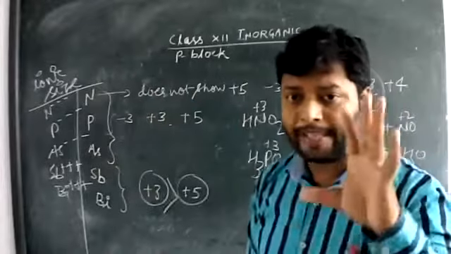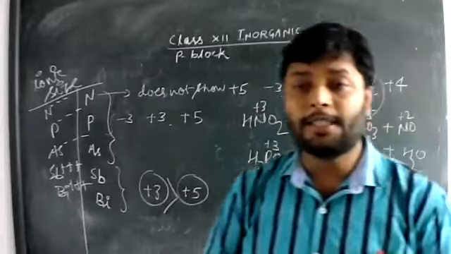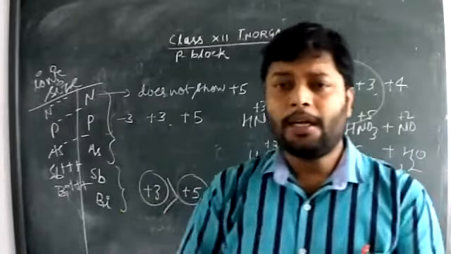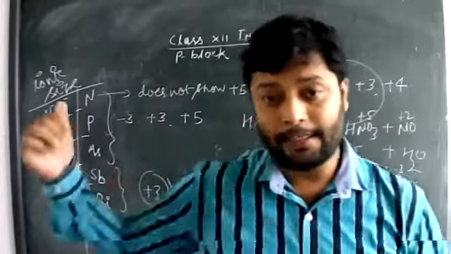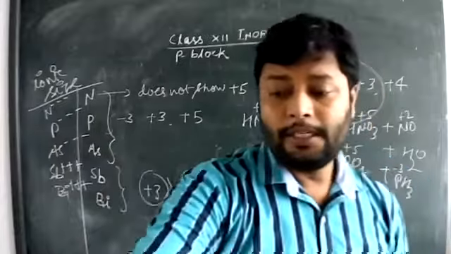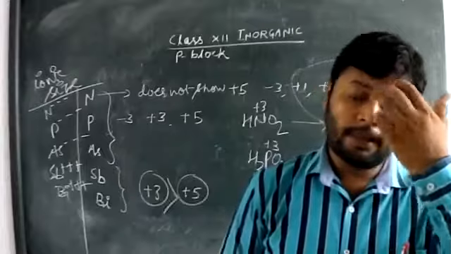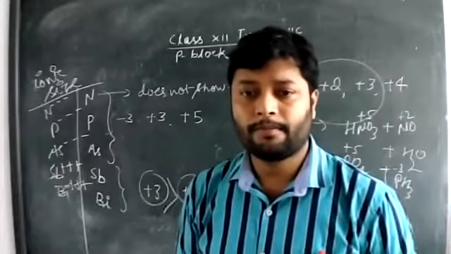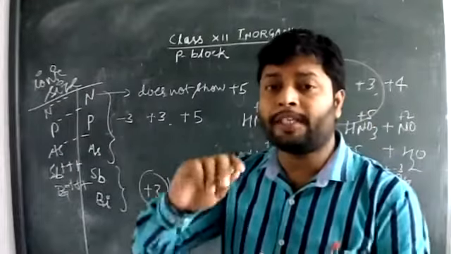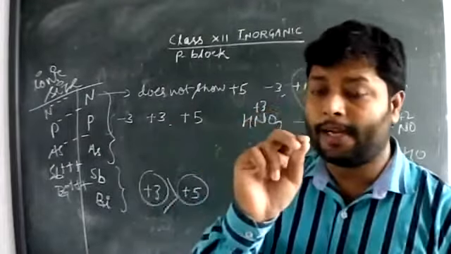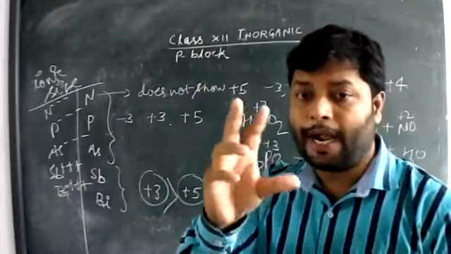In covalent size, there is no exception. The next property is ionization enthalpy. As usual, ionization enthalpy depends upon the size fluctuation. Class, you have to learn this. For elements from nitrogen to bismuth, the amount of energy required to remove an electron from an isolated gaseous atom is called ionization enthalpy.